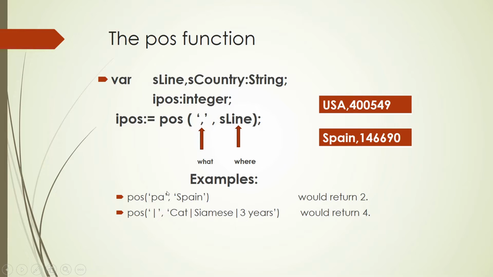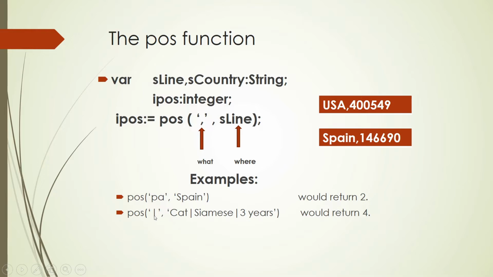Let's look at this example. I'm finding the position of a searched substring. So it's not a single character, it's many characters. So I'm finding the position of a substring in the string literal Spain. It will give you the position of the first character of the searched substring. So I'm looking for PA. It'll return 2. ipos will return 2 in this example.